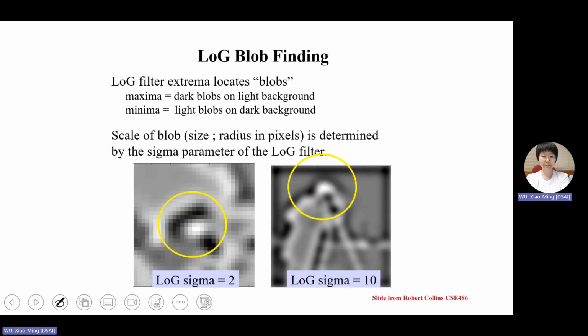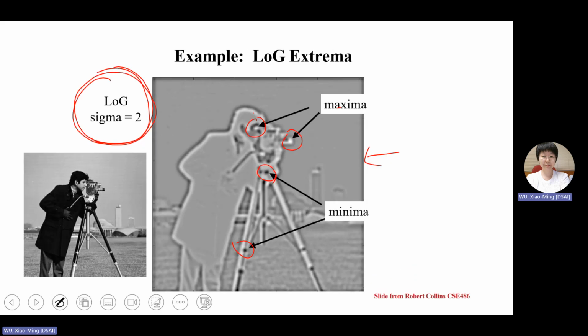When sigma is 10, you can see with a large filter, the maximum point is achieved at this place. When LOG sigma is 2, the maximum point is achieved at the eye region of this person. So the scale is different. With a smaller sigma, this helps identify this blob, the eye.